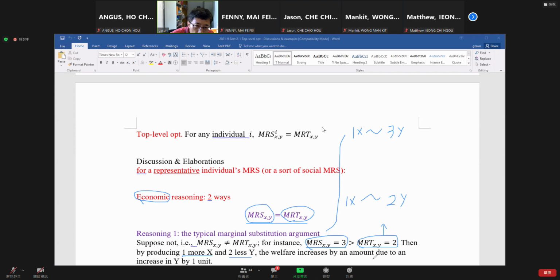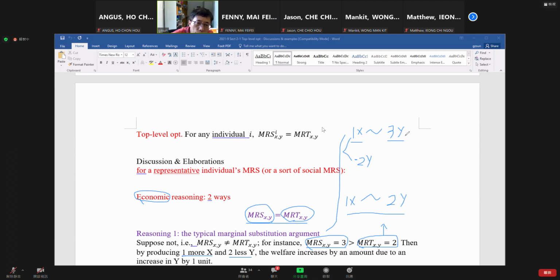And then after the production, the consumer will have 1 more X and 2 less Y. But now the increase in X is equivalent to 3Y, 3 units in Y.